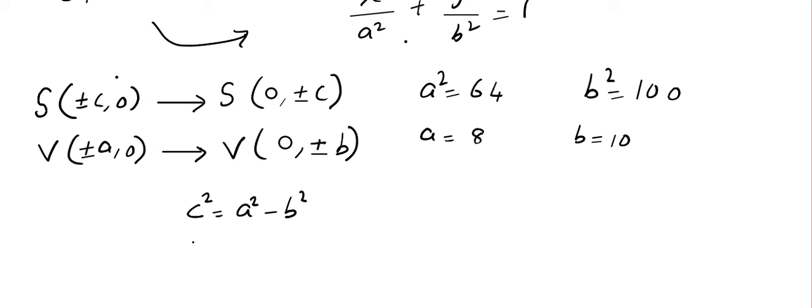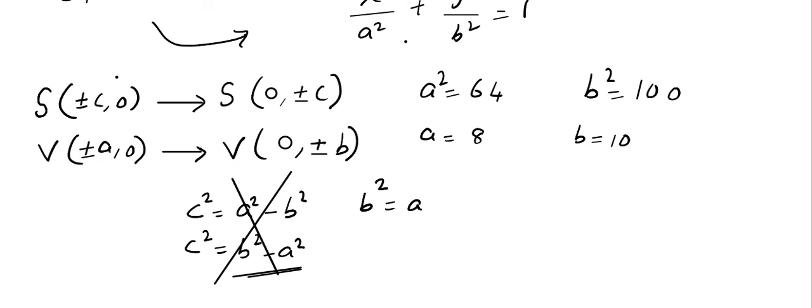So we should not touch c, but a will become b and b will become a. Now for those students who do not use this relation, b square is equal to a square into 1 minus e square; this will become a square is equal to b square into 1 minus e square. Okay, that's it. Now we are ready.